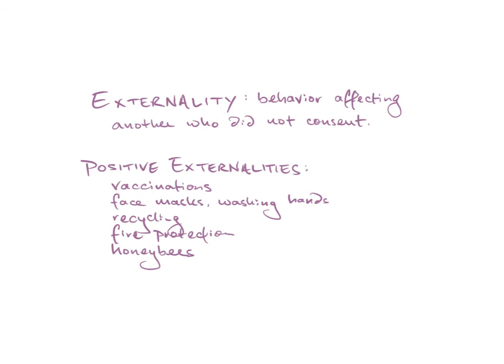Recycling. I put this down as sort of the opposite of pollution. Recycling is complicated, but we recycle things because we think it's good for the earth and provides benefits to other people by reducing pollution.